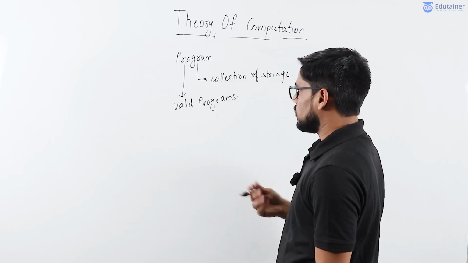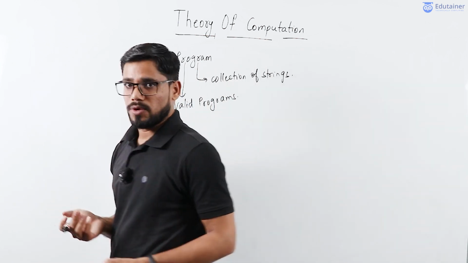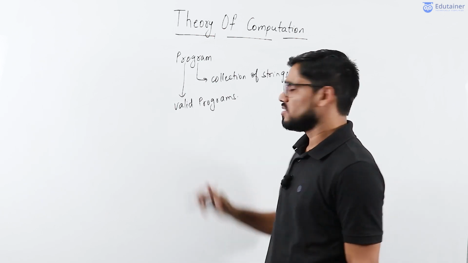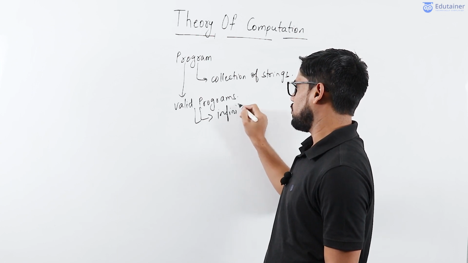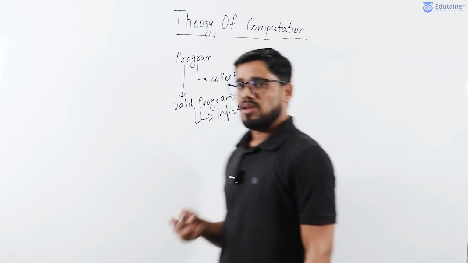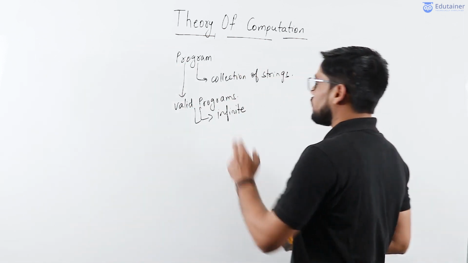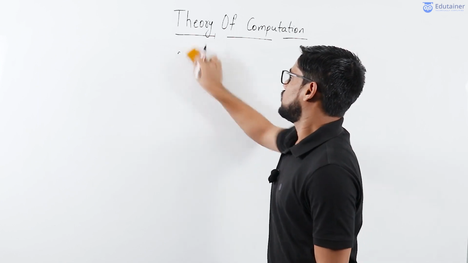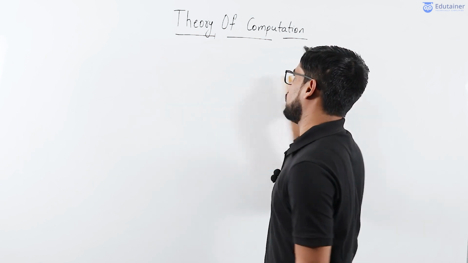So if you ask me what is the total number of valid programs available in any programming language, then my answer is infinite. There are infinite valid programs available in any programming language. So this is one part. You can think that the application of theory of computation is used in any programming language.